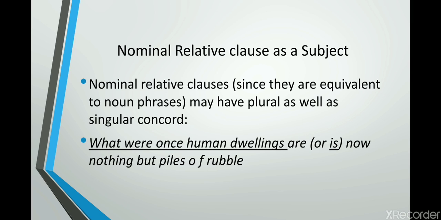So we have two options with them. What were once human dwellings are or is now nothing but piles of rubble. So as we mentioned here, we can consider it as singular, so we use the verb is in this case, or we can consider it as plural, so we use are.